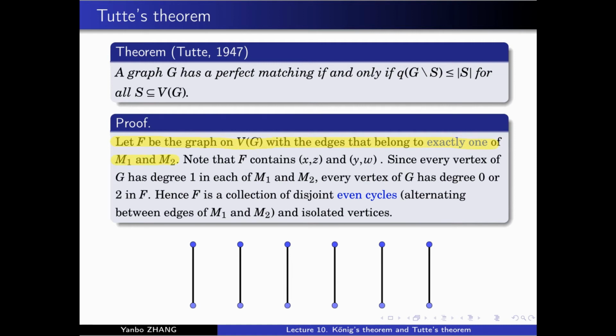In the graph below, let these black edges be the matching M1. The 6 black edges is a matching M1. Let's draw another perfect matching M2 by red edges.